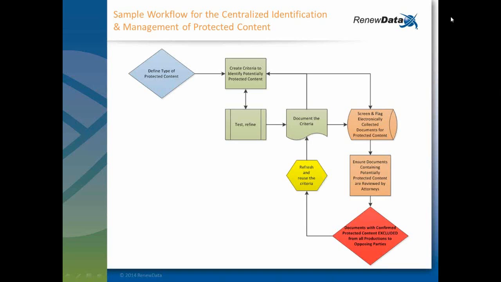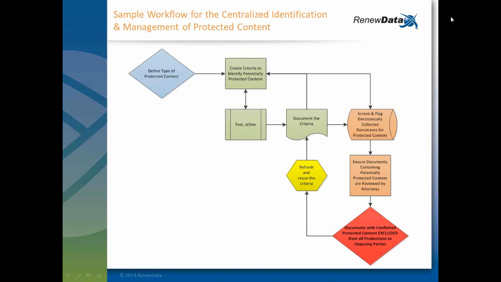And then put in place a process to ensure that any of the documents that are identified as having potentially protected content in them are reviewed by your outside counsel attorneys, and ensuring that a document that has been marked as containing potentially protected content is not included in any set of documents to be produced to opposing parties.